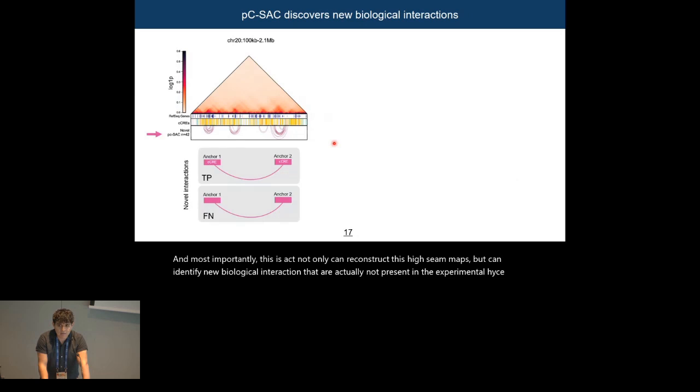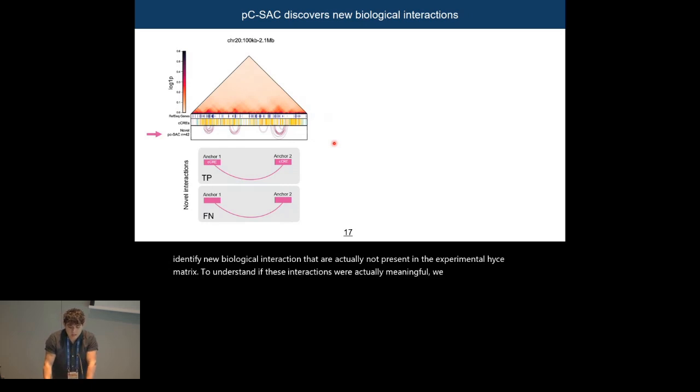To understand if these interactions were actually meaningful, we performed a cis regulatory element analysis, and we defined the interaction as a true positive if there was an overlap in both of the anchors involved in an interaction, and a false negative if there was non-overlap.